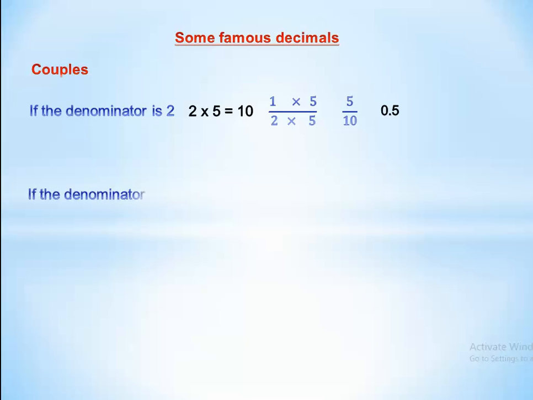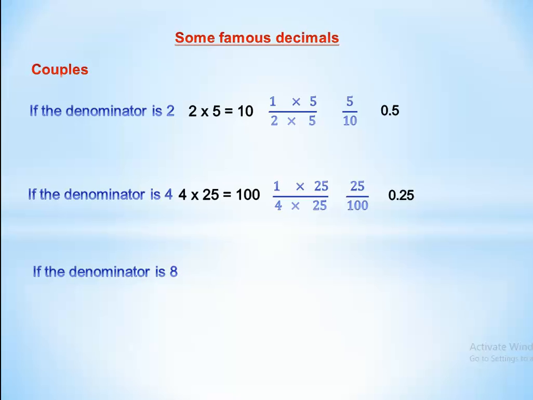It means 0.5. If the denominator is 4, 4 times 25 equals 100. If you have a quarter, 1 over 4, multiply both numerator and denominator by 25, so it will be 25 over 100, which is 0.25. If the denominator is 8, 8 times 125 equals 1000.